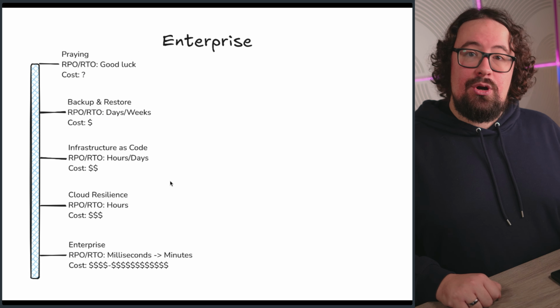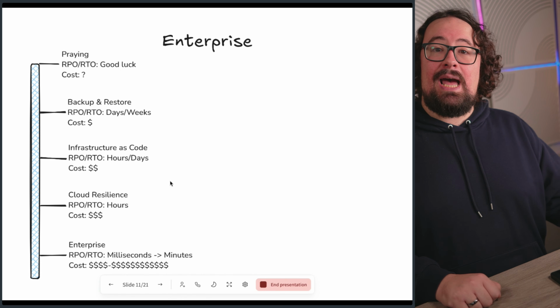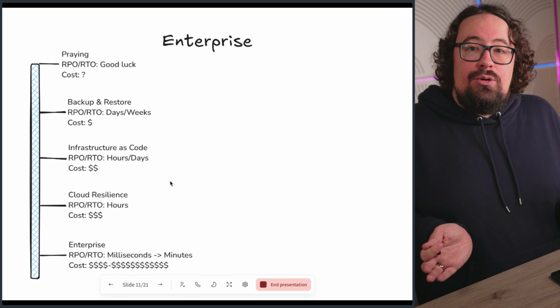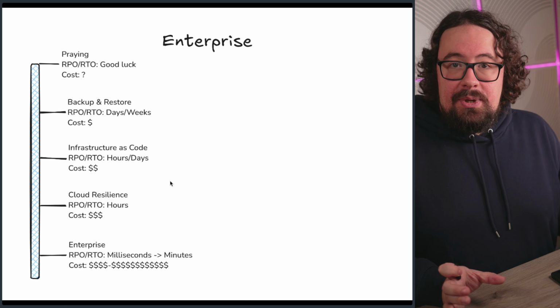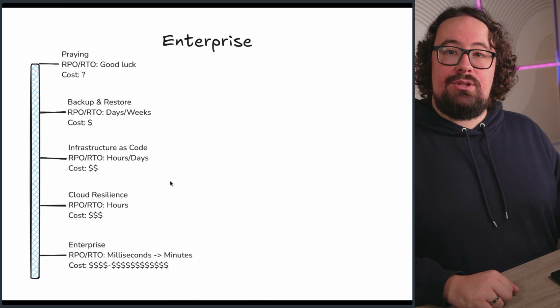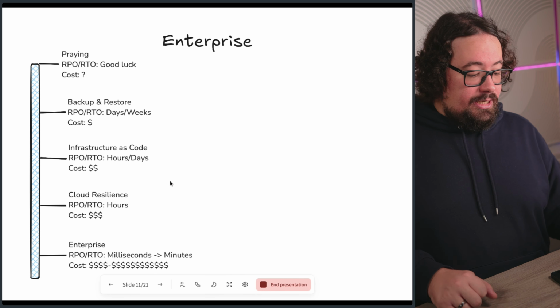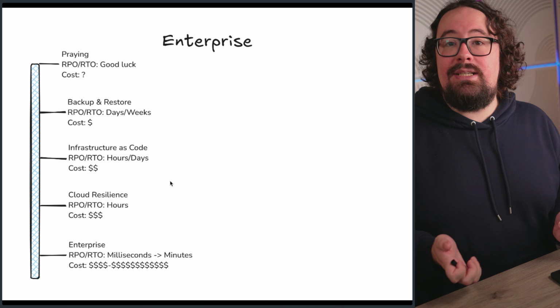Now, infrastructure as code, the ability to automate that infrastructure, really brings that down to hours or days, right? You may need to rerun your infrastructure as code scripts. You may need to then do a database restore. It all depends on the amount of data you have, how long that restore takes. Then when we start taking advantage of the cloud resilience functionality, usually you'll find that your RPO, RTO could be calculated in hours.